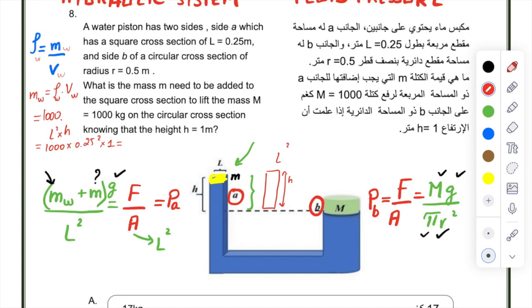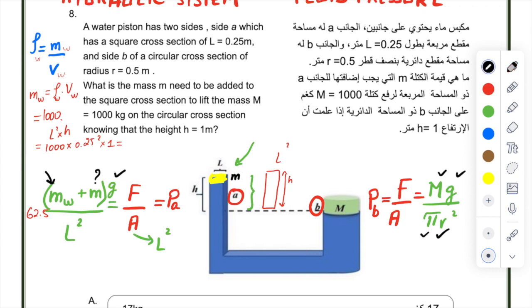Now replacing everything by its value, here I have 62.5, and down, let me write it again here.